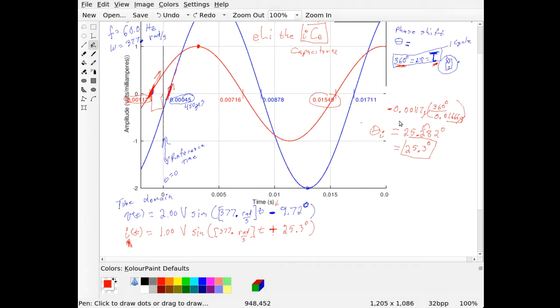All right, so I think the big things here are calculating these angles. Remember, to calculate the phase shift, you know that one period, capital T, is equal to 360 degrees, which is also equal to 2 pi radians.